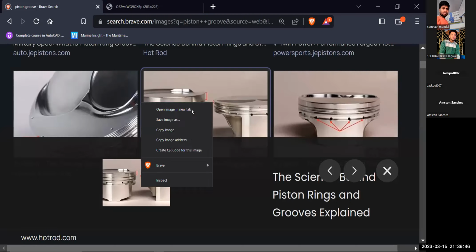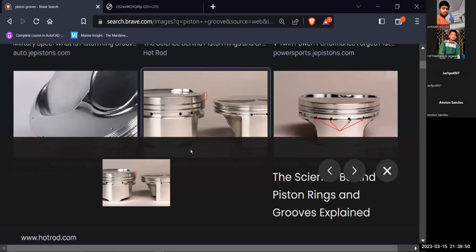So see, the real diagram. We can see your cursor.